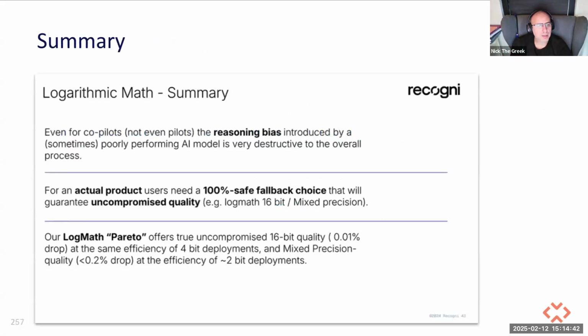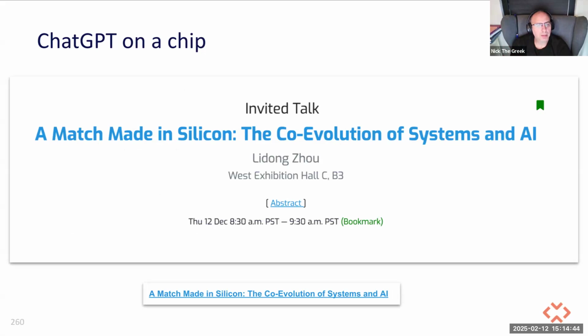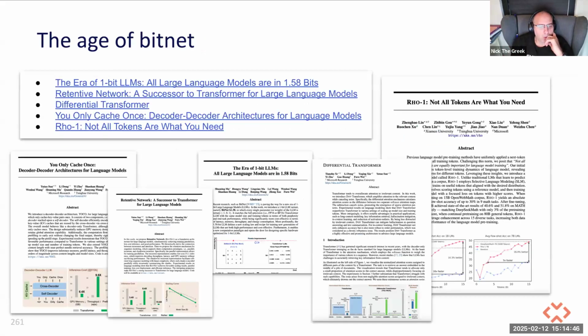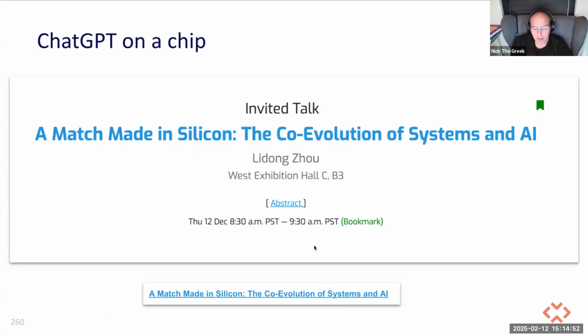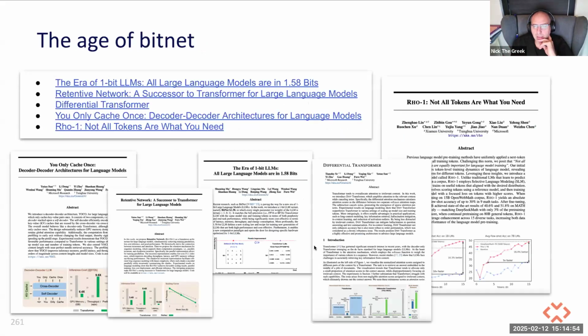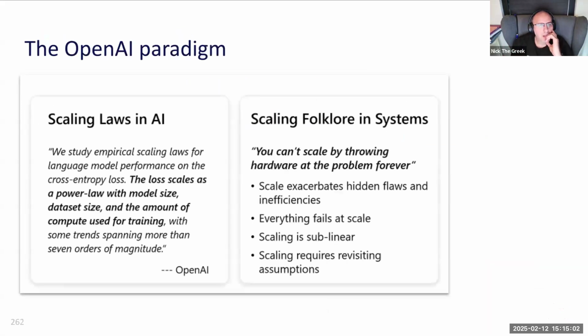Sorry, I did. Okay, what happened here? So Microsoft has come up with the era of the BitNet models. There's a bit of a glitch with the slides here. And these are the papers that they basically introduced BitNet. You can take a look at them.